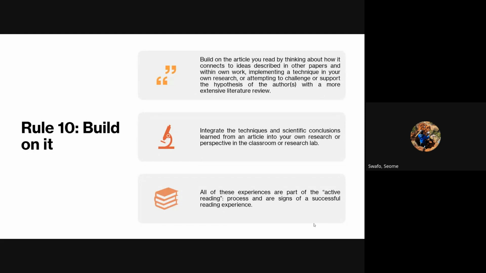So as you build on the research, you need to see how it connects to other research work, or even within your work. Then are you building on it by adopting a certain technique, or are you attempting something else? There's this other thing that people do, but they normally don't see it as a way of building.